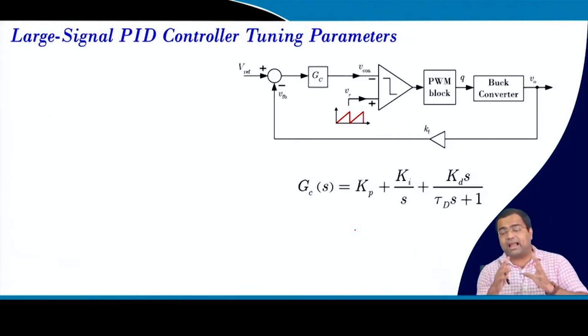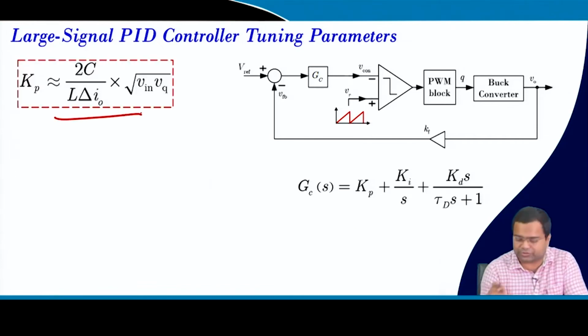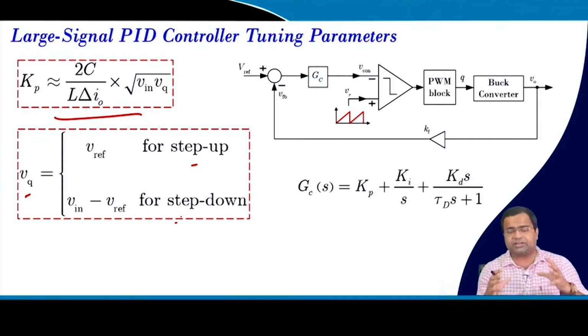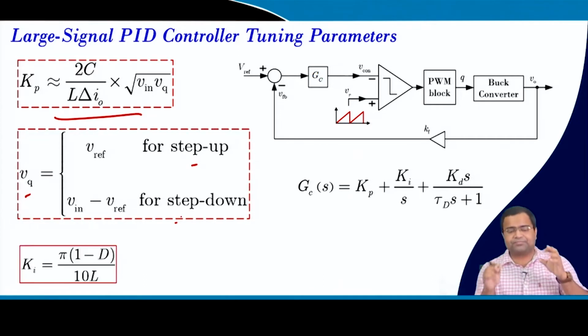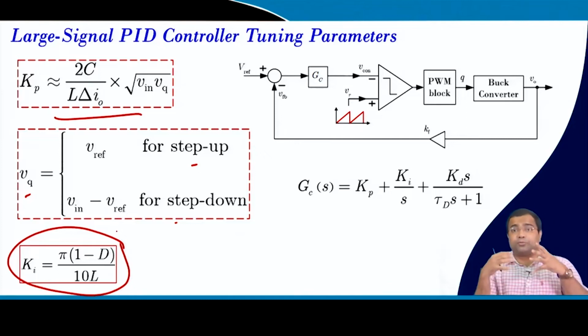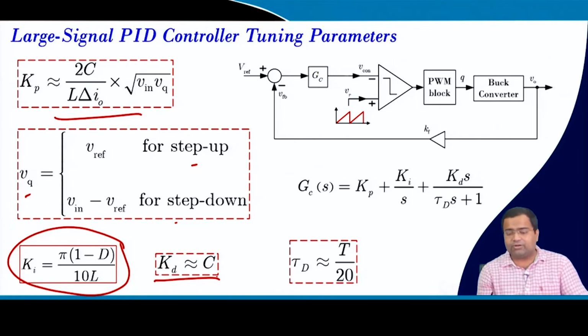And if you take the PID controller for our large signal tuning, then we have to also discuss what should be my proportional gain and what should be my VQ for step up and step down. We have discussed in sufficient detail in lecture number 50, and then how to set the integral gain from the small signal model. Then the derivative gain is simply the capacitor value, and then we need to put a band limited derivative.